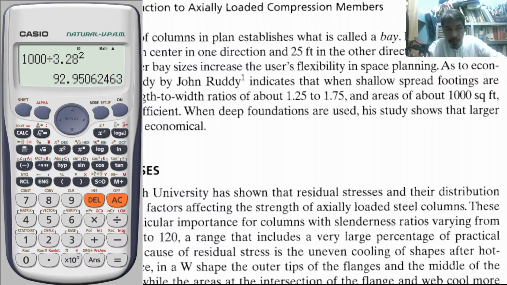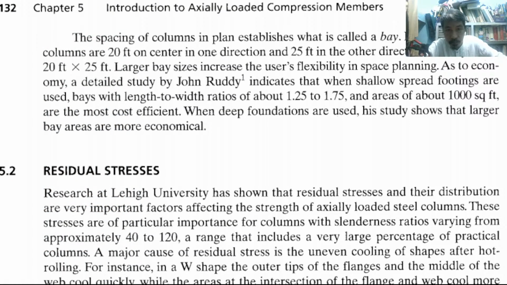So if you have 93, that is supposed to be the rule of thumb. So let's take note of that: 1.25 to 1.75 length to width ratio is the most cost efficient.